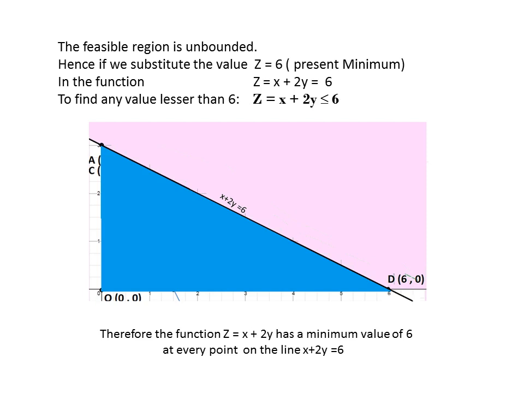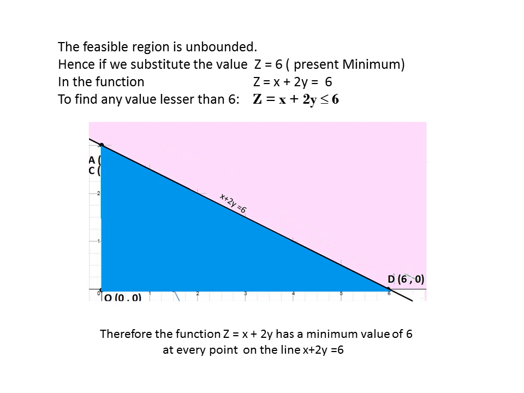When we try to plot the points which satisfy this inequality, we find the region in blue that we find in the picture. The region in blue represents all those points which will be lesser than 6, and the region in pink is the feasible region that we have got.